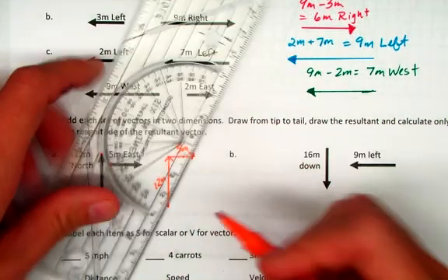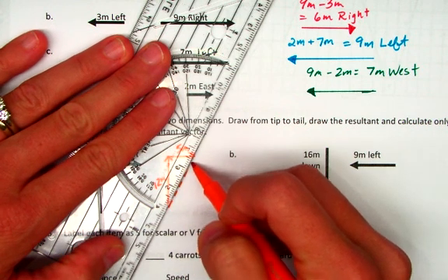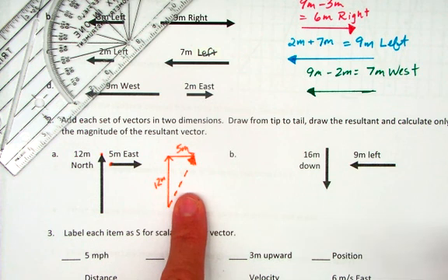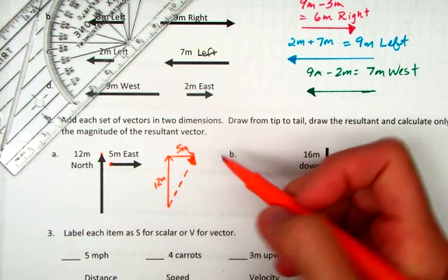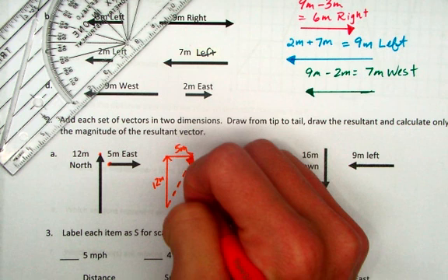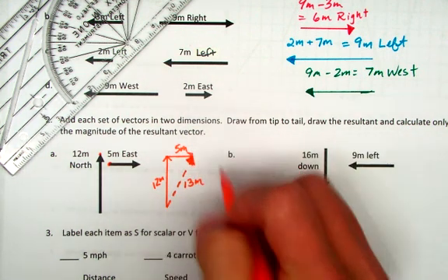So the resultant vector is going to look like this. This is what my resultant vector looks like. And now I need to find the size. Now, if you remember your Pythagorean triples, this is actually a 5, 12, 13 triangle. So this would be my answer here.